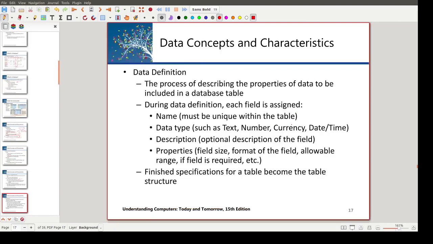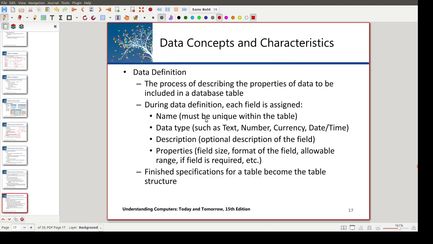So, data definition is the process of describing the properties of data to be included in the database table. So you are defining your data. You set some fields, like the name, which must be unique within the table.